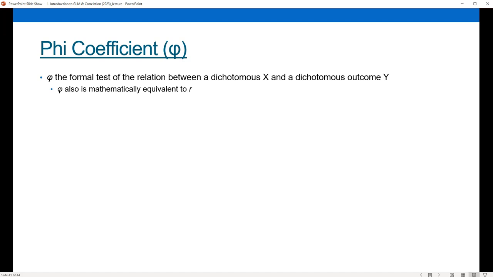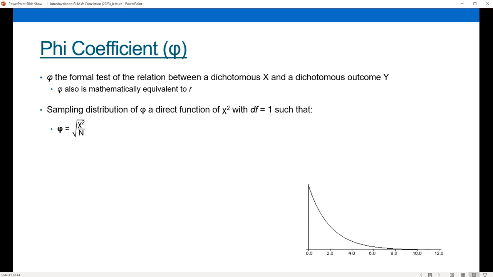So anytime you have any combination of continuous or dichotomous variables, you can run a Pearson correlation with that. That's perfectly legal. If we've got a dichotomous X and a dichotomous Y, we technically call it a phi coefficient. If we've got a dichotomous X and a continuous Y, we call it a point biserial. But it's all mathematically equivalent. It's all the same thing, okay?